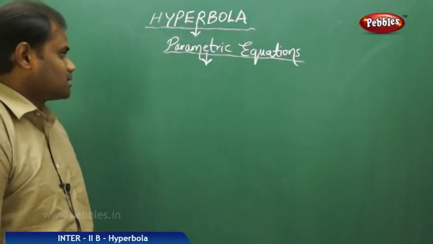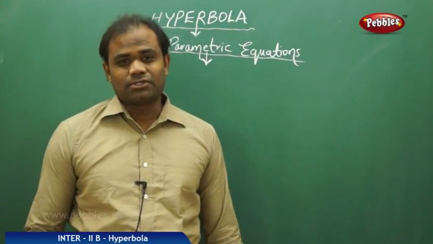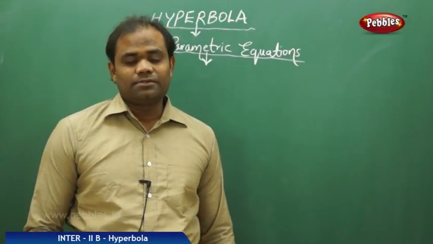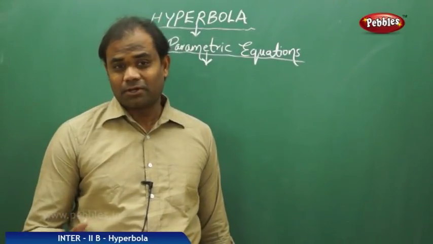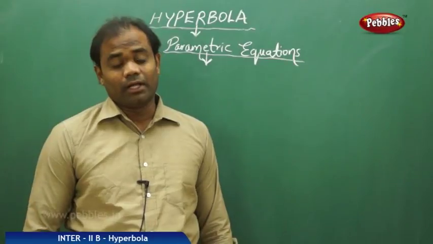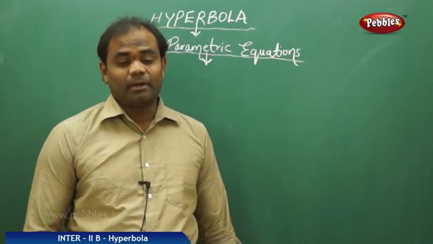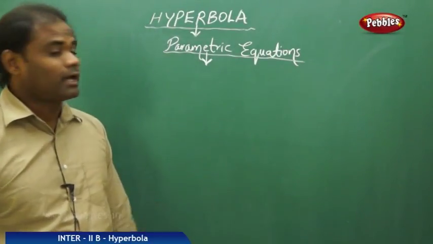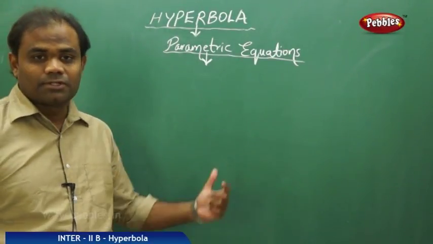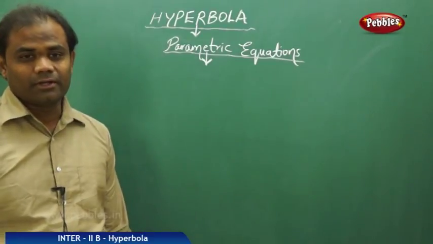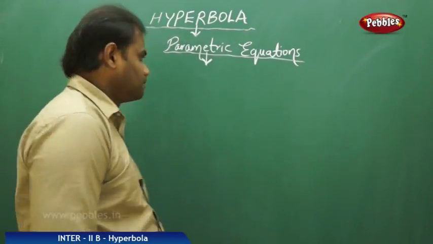Now let's discuss the parametric equations of a hyperbola. As we have discussed the parametric equations of a circle, a parabola, an ellipse, and so on, similarly we have the respective parametric equations for a hyperbola.